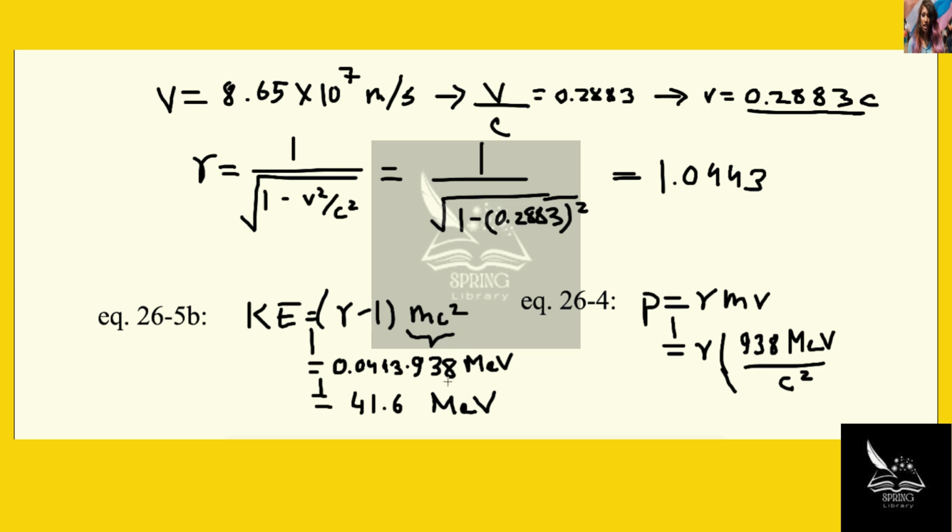And once you have a value in MeV, you can just divide that by c squared to get the mass. And this times velocity, also in terms of c, it's 0.2883 times c. One of the c's cancels. And what you get is about 282.4 MeV per c. So these are your relativistic kinetic energy and relativistic momentum.